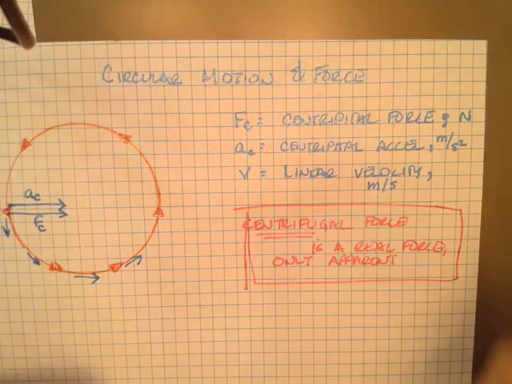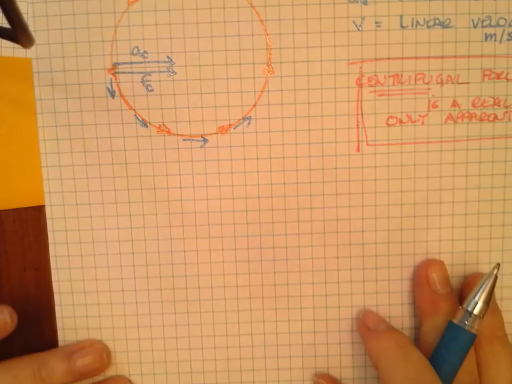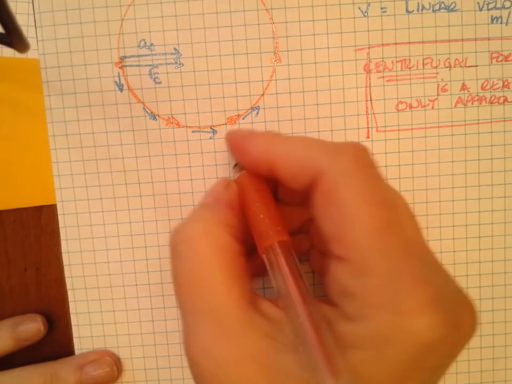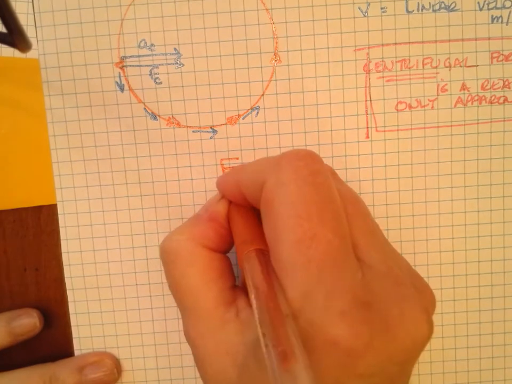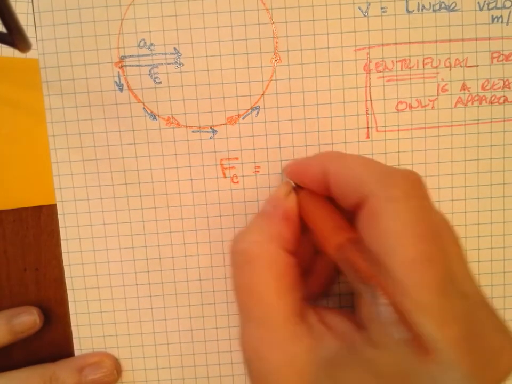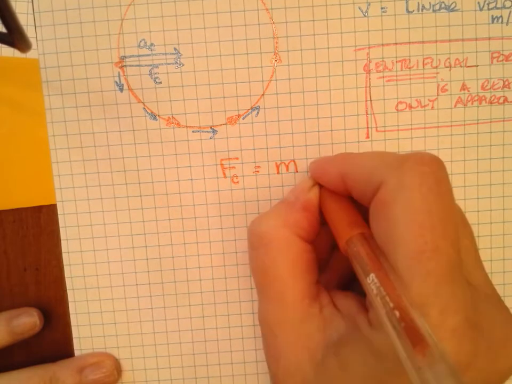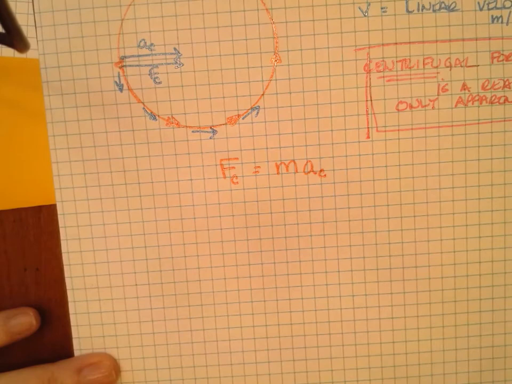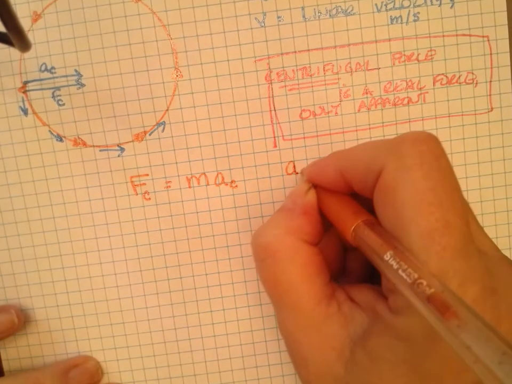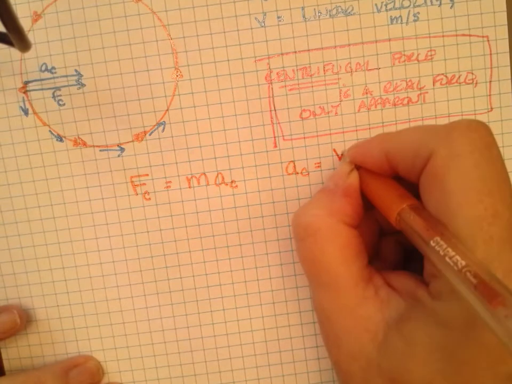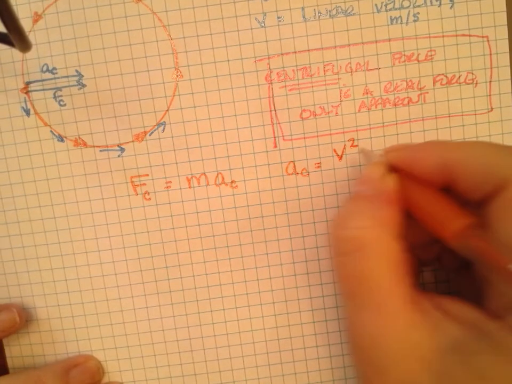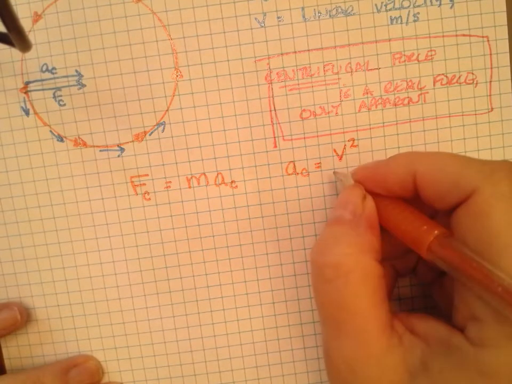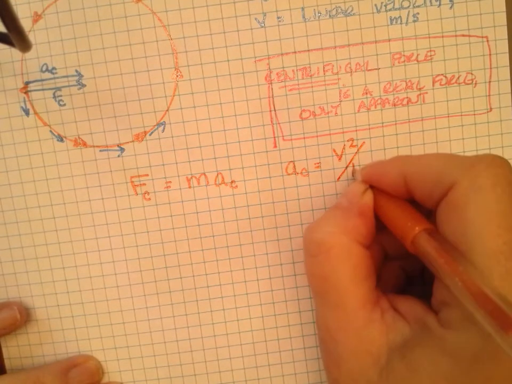The equations are the same as they always have been for forces. So the centripetal force is equal to the mass times the centripetal acceleration. The centripetal acceleration is equal to velocity squared over the radius in meters.